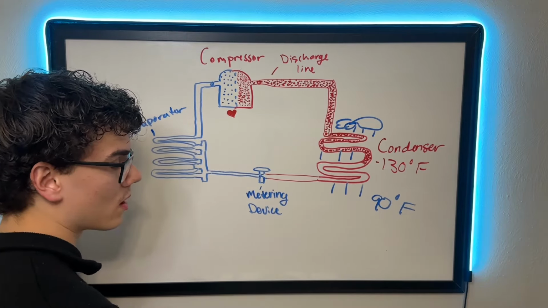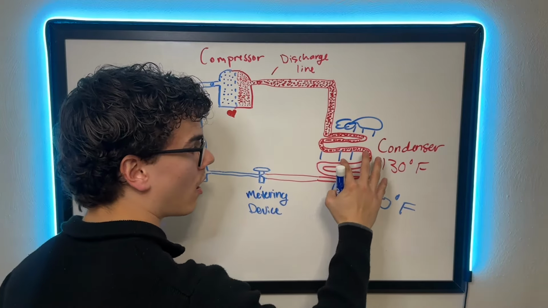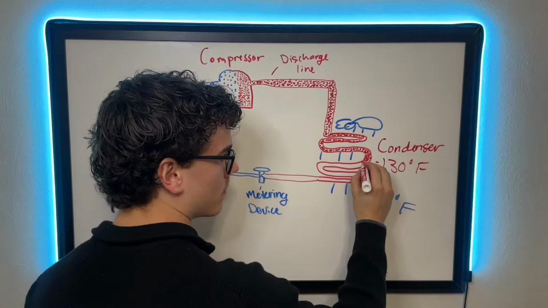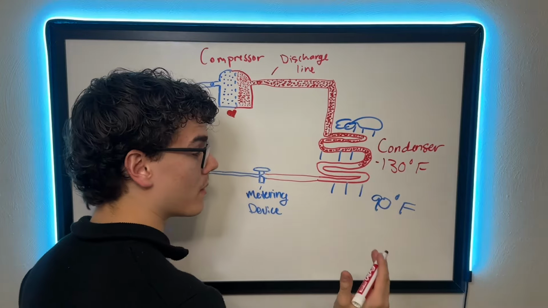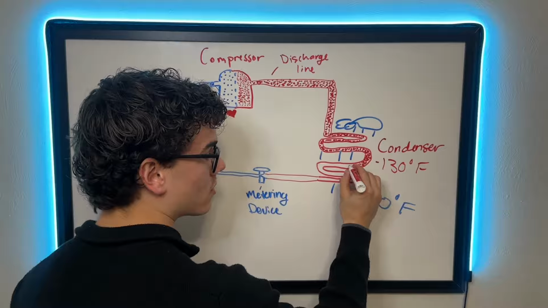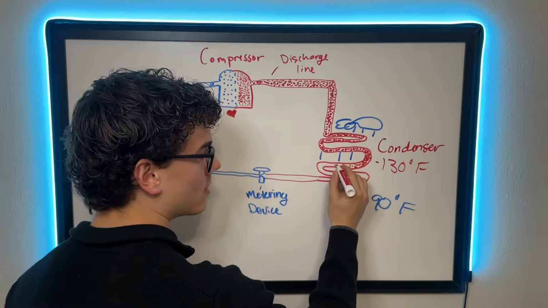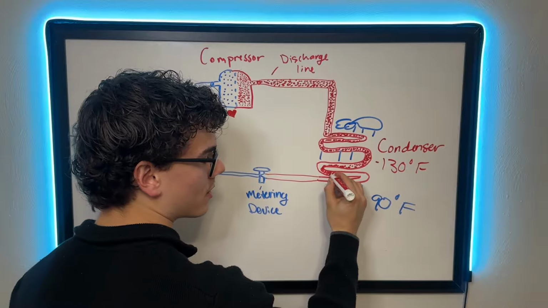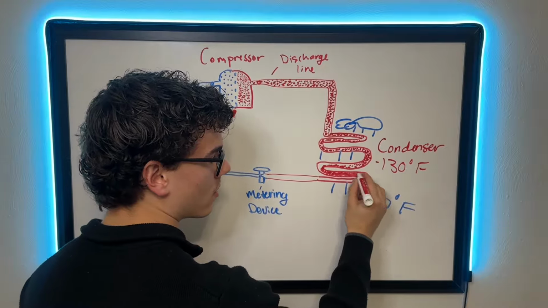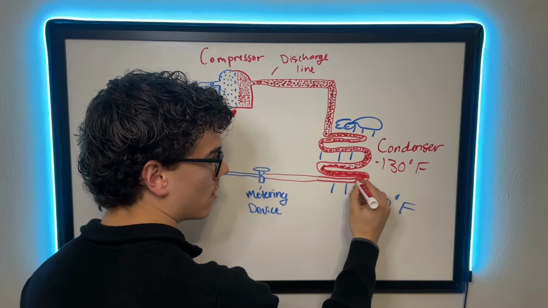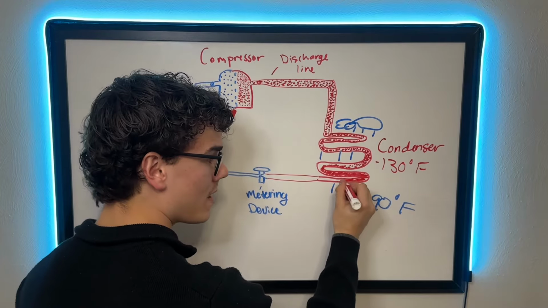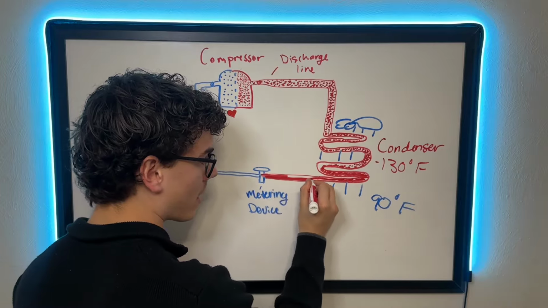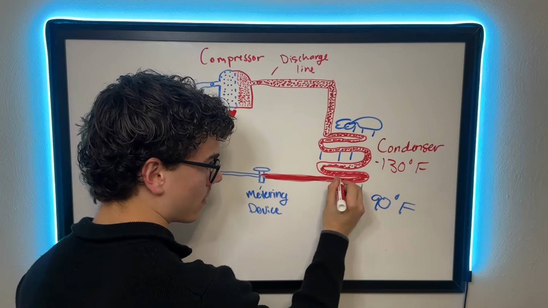So what it's going to do is cool off this refrigerant. And as we remove heat from the refrigerant, it's going to condense from a vapor and slowly start to convert into a liquid. And towards the bottom of the condenser, it's going to fully turn into a stack of liquid. It's going to be a full liquid. And that's what we want at the metering device. We want full stacking of liquid. And I'll tell you why in a little bit.